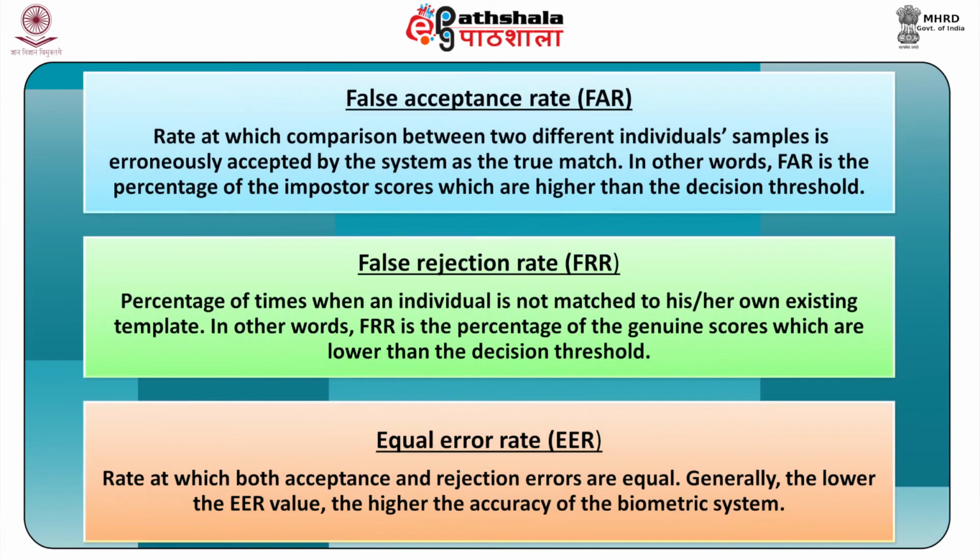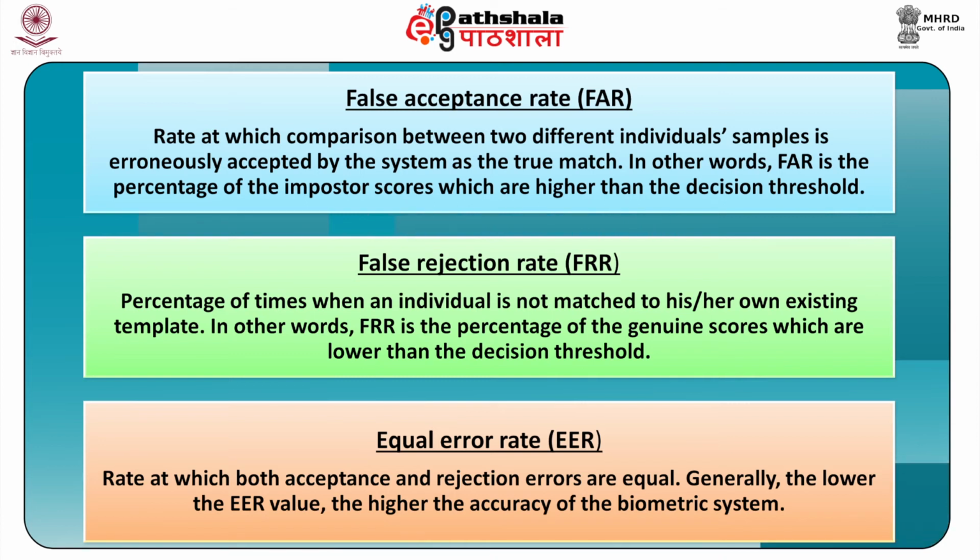First one is false acceptance rate, that is FAR. It is the rate at which the comparison between two different individual samples is erroneously accepted by the system as the true match. In other words, FAR is the percentage of the imposter scores which are higher than the decision threshold.